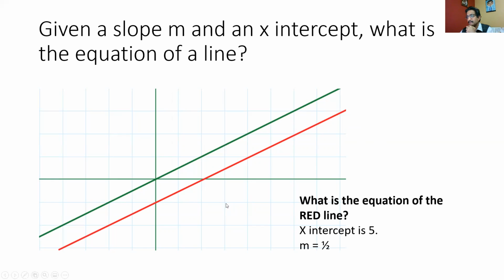One second, maybe I'm telling it wrong. So y equal to mx, so we need x equal to y by m, right? y and m we know, so x equal to 2y.